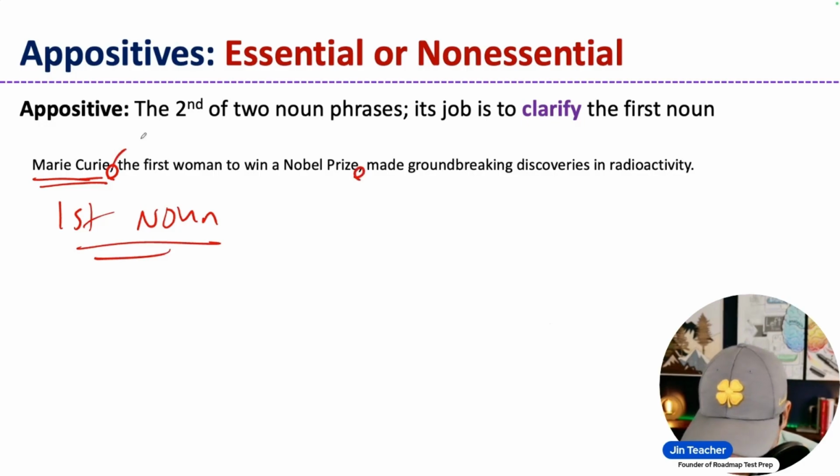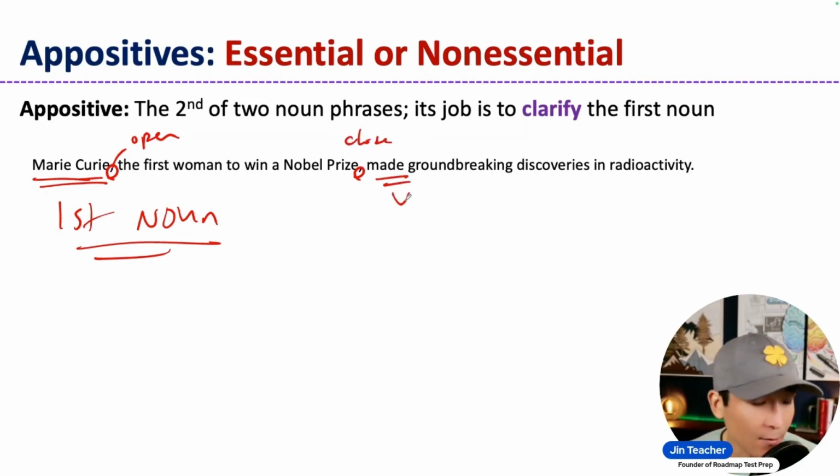Marie Curie, we don't want to read it together; the appositive should be separated from Curie. So this comma here is used to open the non-essential, and this comma here is used to close the non-essential because it comes right before the verb, made. In this case, these two commas tell us that this information is non-essential.